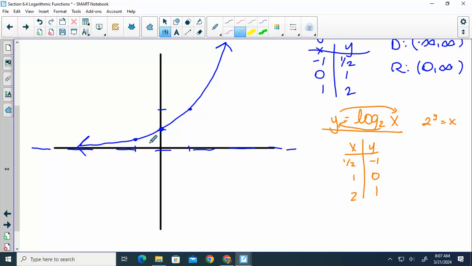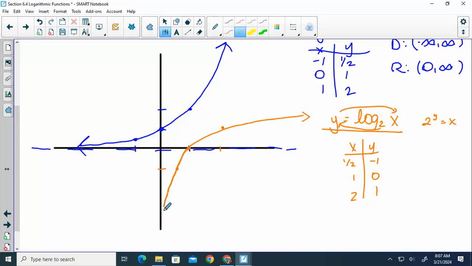So my points are 1/2, -1, 1, 0, and 2, 1. Okay, will we ever get 0 out? No, we've already talked about with the log, the argument has to be a positive number greater than 0.